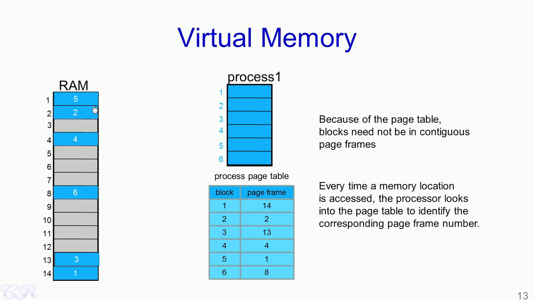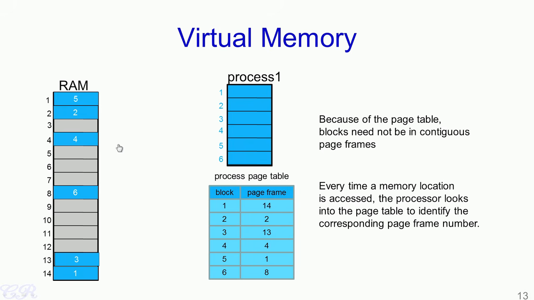However, the overhead that we incur is that every time a particular memory location in the process's memory map needs to be accessed, the CPU needs to look up the process's page table, obtain the corresponding page frame number for that address, and only then can the RAM be accessed.